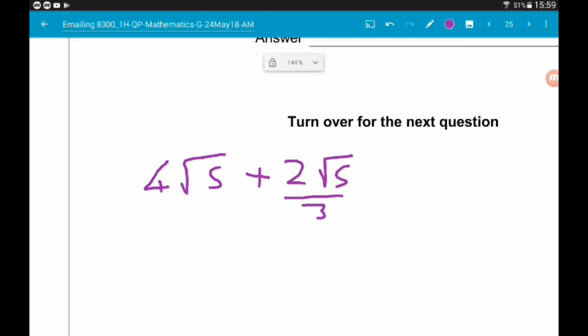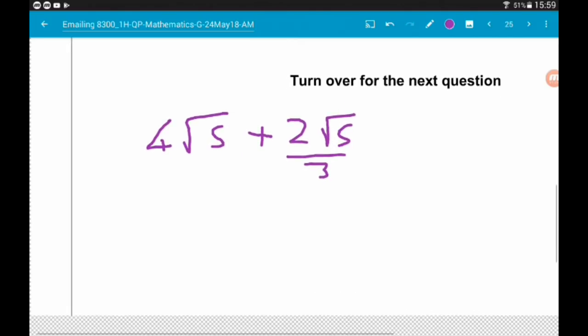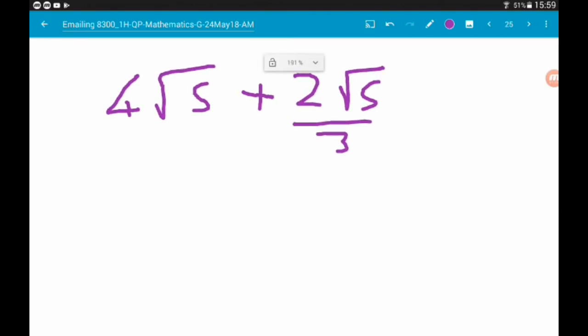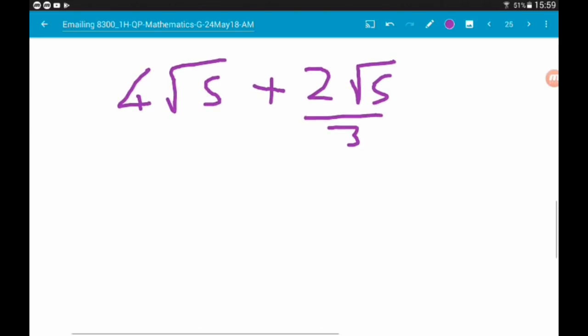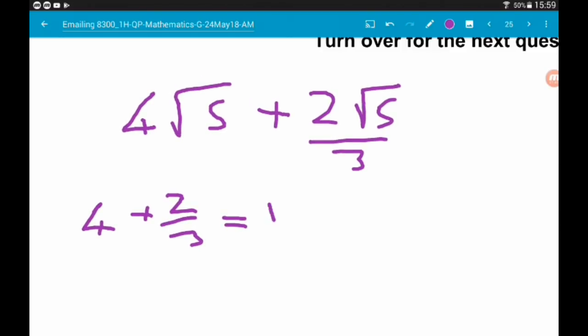So this is where everyone seems to struggle with this question. Let's just say that we're doing 4 add 2 thirds. So forget the root 5s for a second. 4 as a fraction in terms of thirds is 12 thirds.